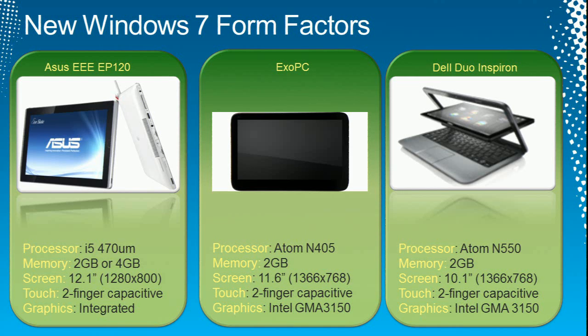In the middle there, I show the Exo PC, which is very similar to this, but a little bit lower performance and a lower cost. And then all the way to the Dell Duo, which is a classic clamshell, but it's got the flippy screen there that'll flip over and lie flat.